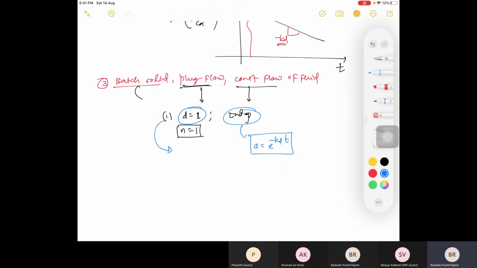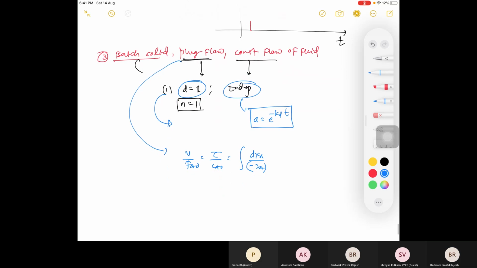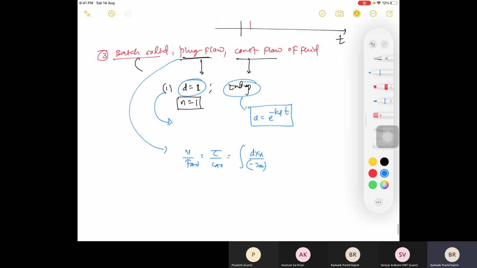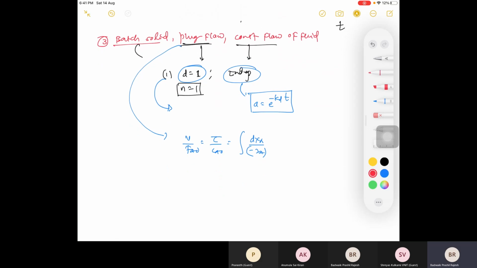Then you can write for plug flow, what was your equation? V divided by Fa naught is equal to tau divided by Ca naught, integration dxa divided by minus Ra. Just write in terms of tau. So you will be having tau is equal to integration dxa divided by minus Ra, and there will be Ca naught as a multiplication factor.